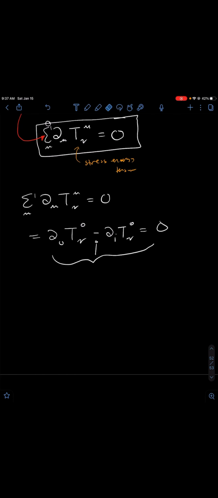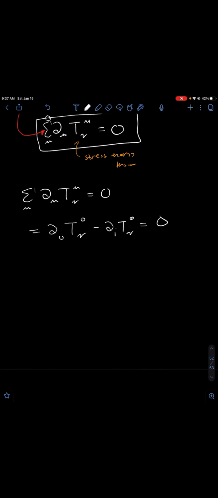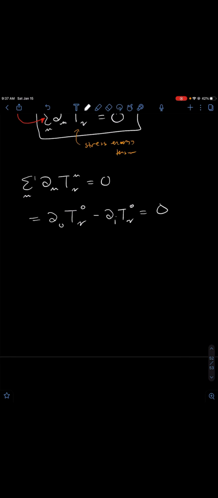So what do we do now? Well, what we can do now is add partial I T I nu to both sides, right? So we now get partial naught T naught nu equals partial I T I nu. Sorry, this should be an I, by the way, my bad.